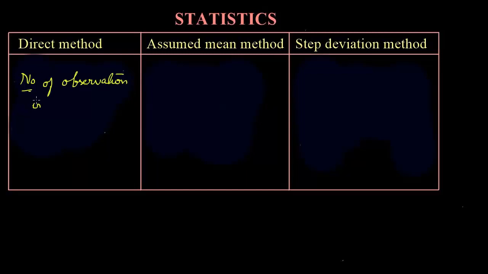Direct method is used when the number of observations is less and smaller. And when to use the assumed mean method?